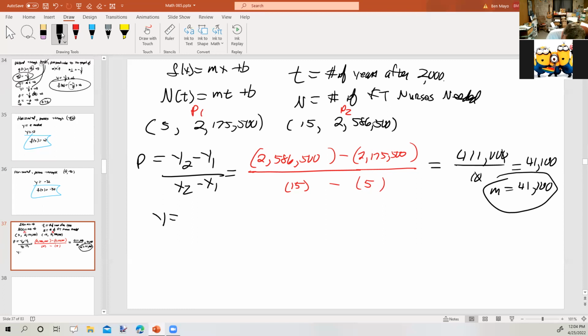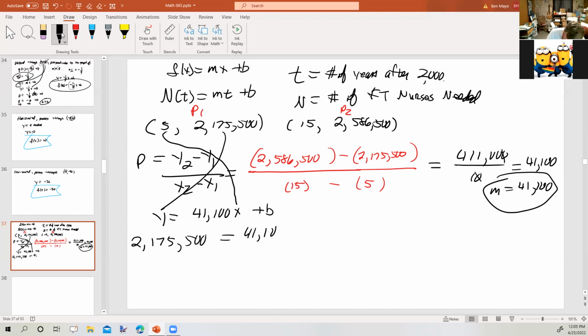So y equals mx plus b. I put the 41,100 in the place of m. I'm going to use either ordered pair. And again, I know that these are actually t and n, but they're just like x and y for the formula. So we get 2,175,500 equals 41,100 times 5 plus b. 41,100 times 5 is 205,500 plus b.